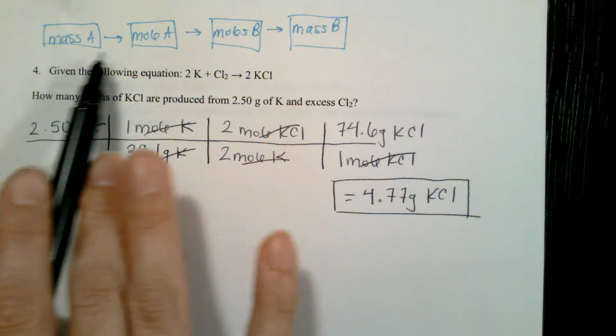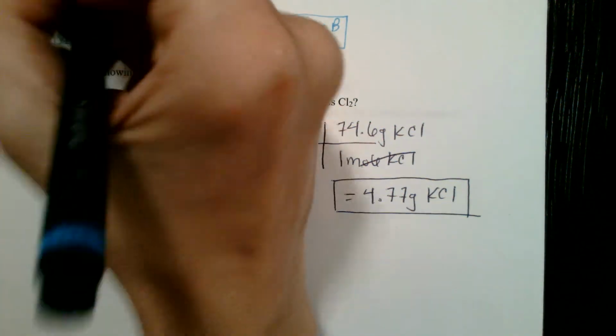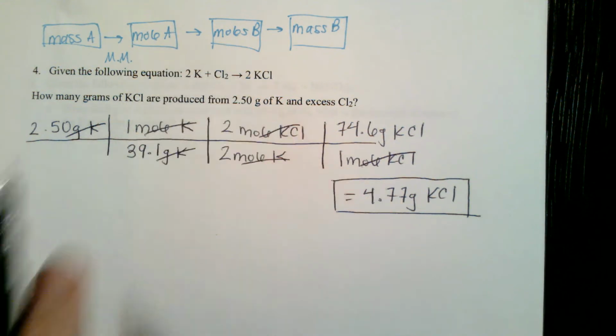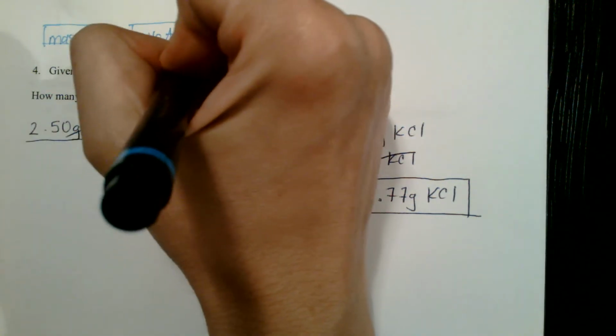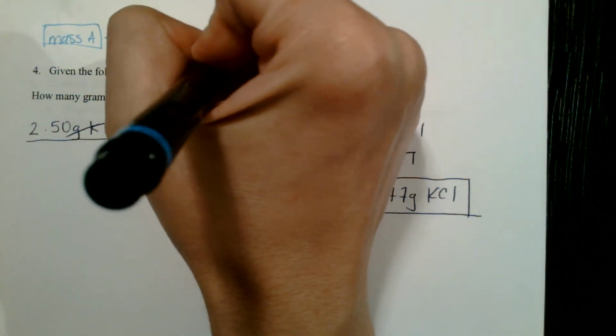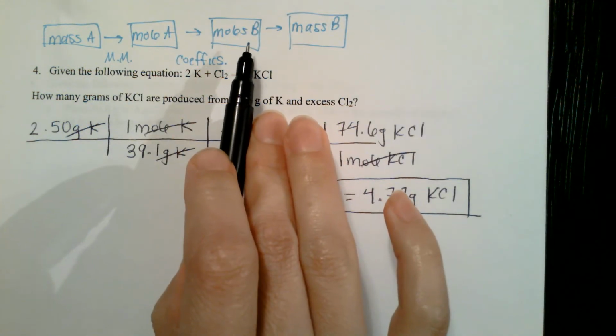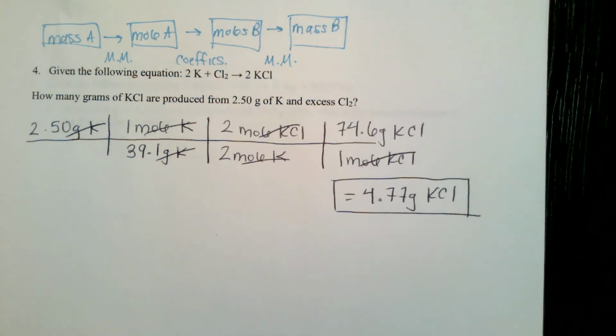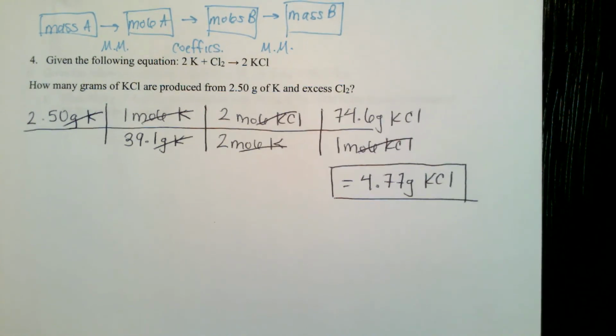When I'm going from mass to moles of any compound, I use the molar mass. When I'm going from moles of one thing to moles of the other, I'm using the coefficients. And when I'm going from moles of something back to mass, I'm going to use the molar mass again. So we're just using the molar mass of our different compounds and our coefficients from our chemical reactions to do these types of problems.